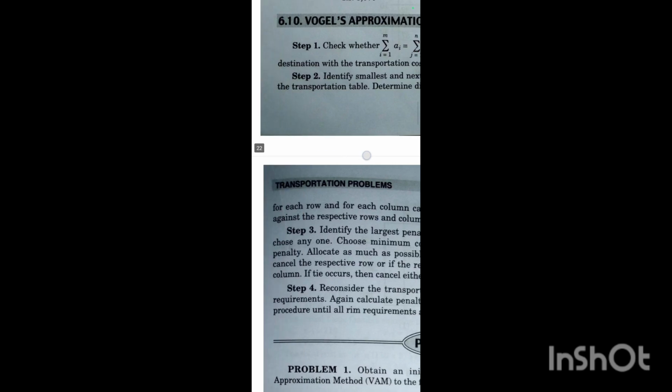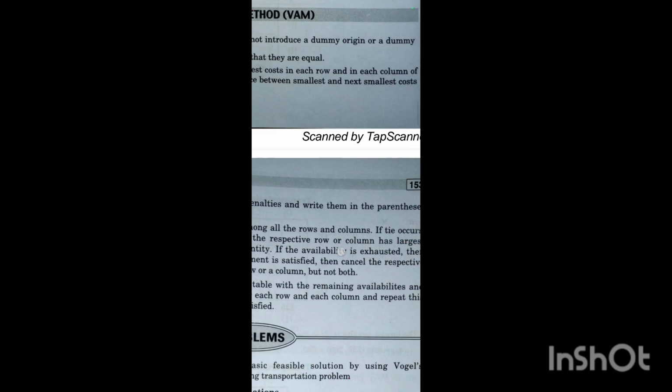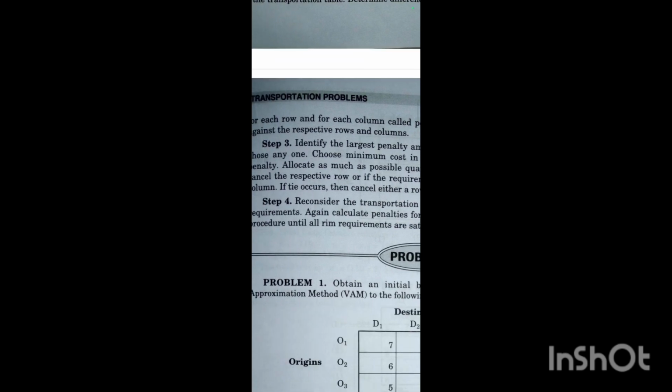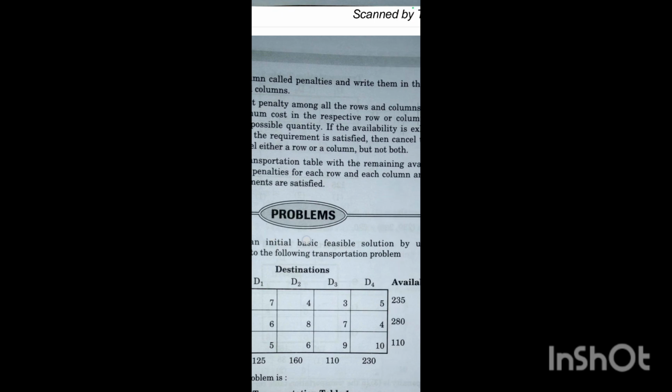Next, step number 2: identify the smallest and next smallest costs in each row and each column of the transportation table. Determine the difference between the smallest and next smallest costs for each row and column; these are called penalties.